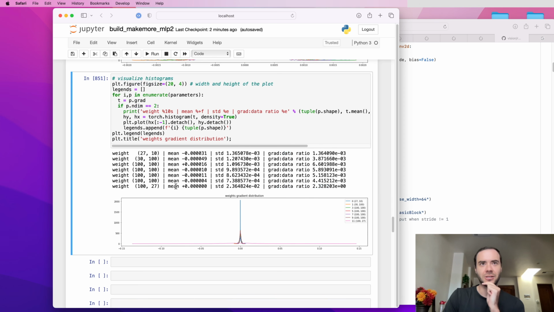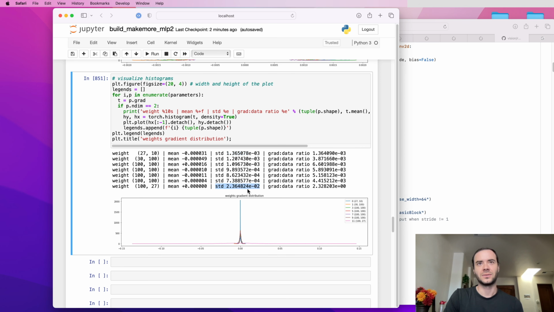And so the last layer here, the output layer, is a bit of a troublemaker in the way that this is currently arranged. Because you can see that the last layer here in pink takes on values that are much larger than some of the values inside the neural net. So the standard deviations are roughly 1e-3 throughout, except for the last layer, which has roughly 1e-2 standard deviation of gradients.